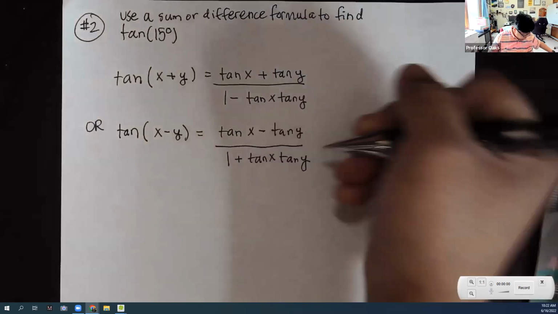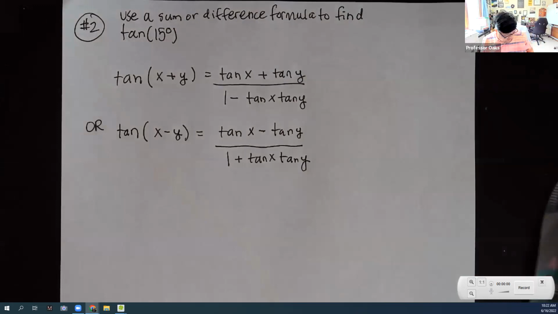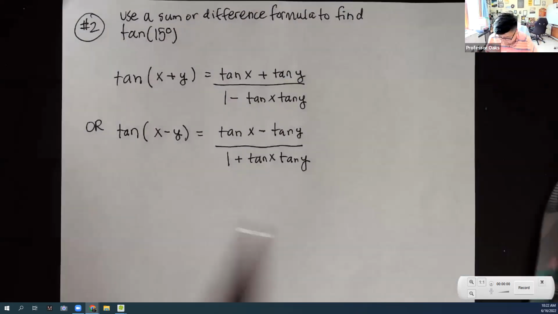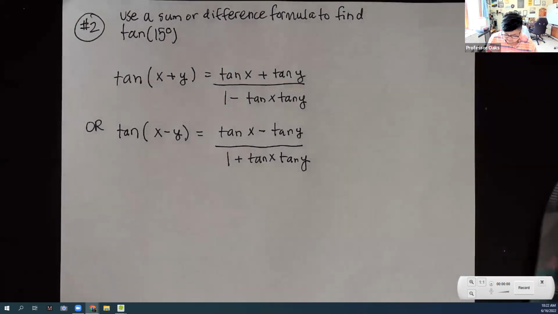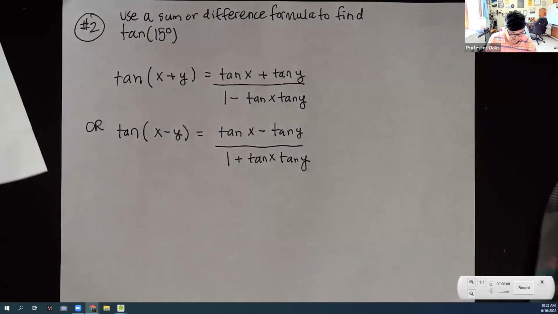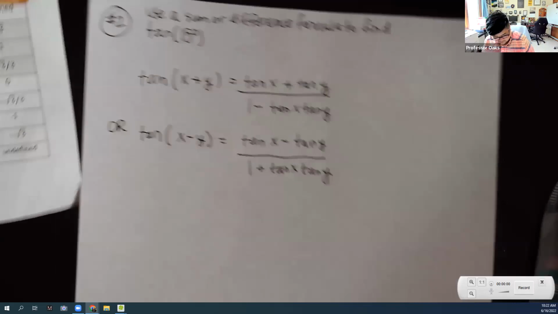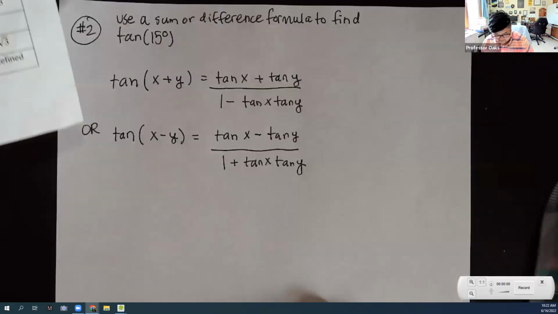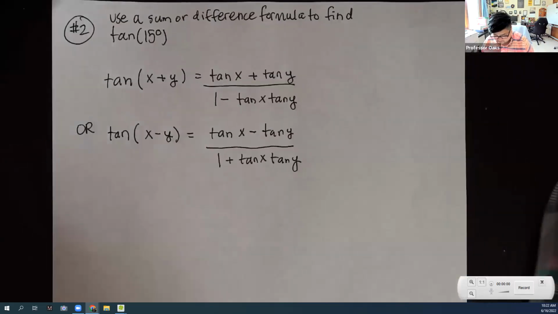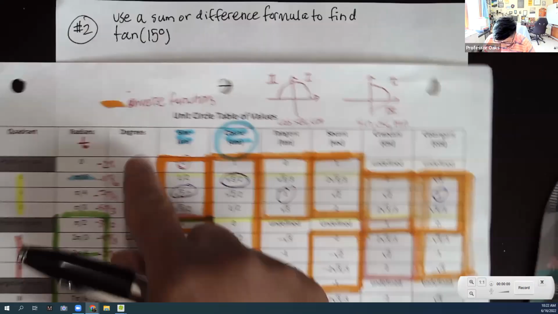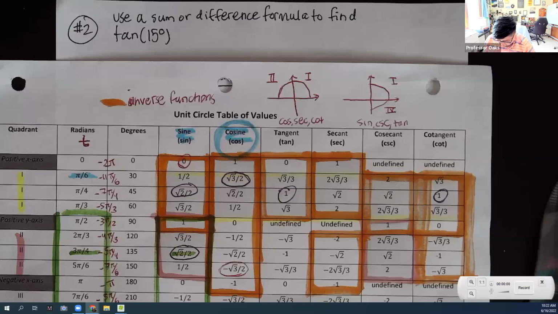So then what you want to do, and this is all it really is, try to find two numbers on the table that add or subtract to give you 15.